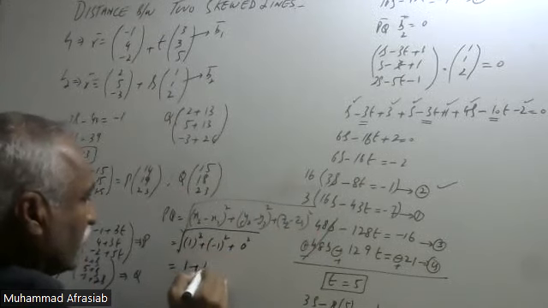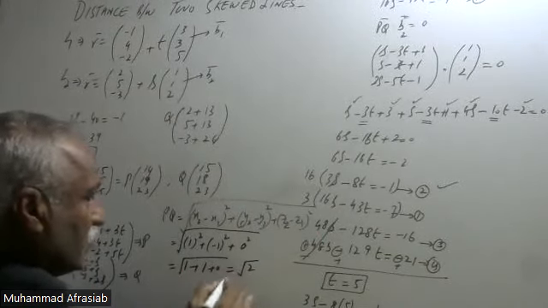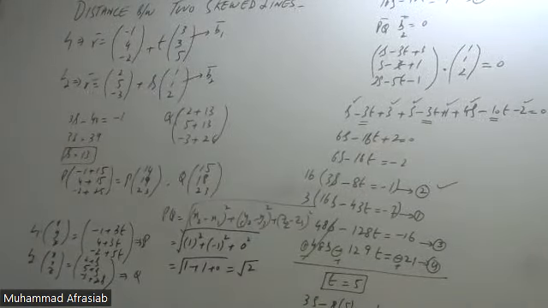This will be equal to 1 plus 1 plus 0, that is the square root of 2, which is the distance between the two skew lines P and Q with these equations of lines. So this is the way that we can find the distance between the two skew lines.